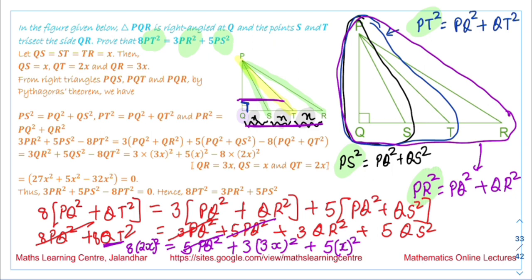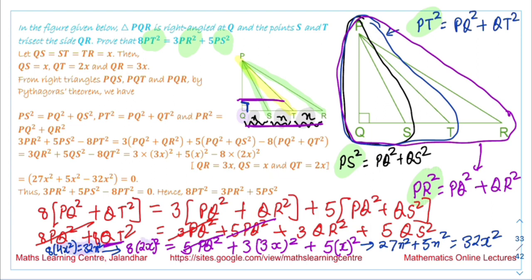So when we calculate, the left side is 8 into 4x square, which comes out to be 32x square. On the right side, it is 27x square plus 5x square, that is equal to 32x square.